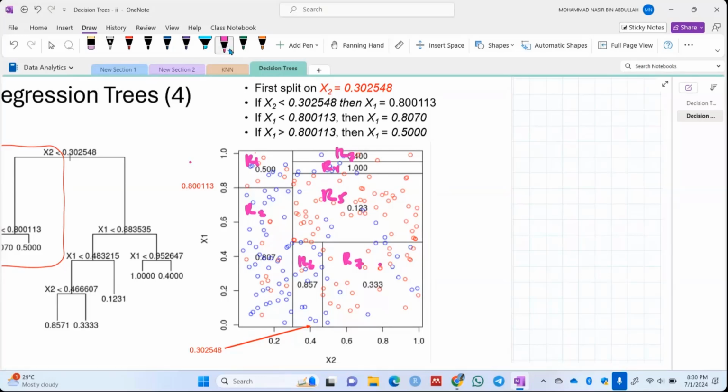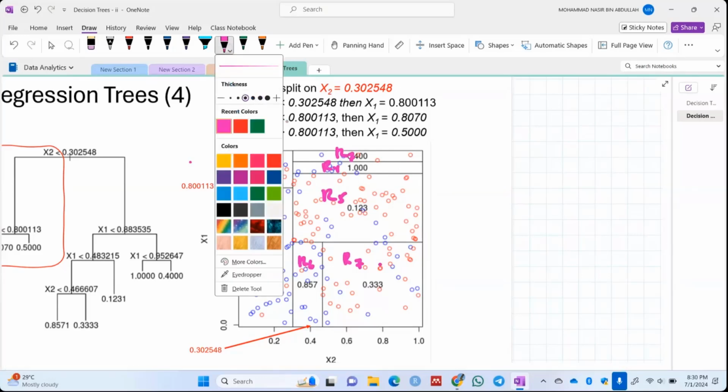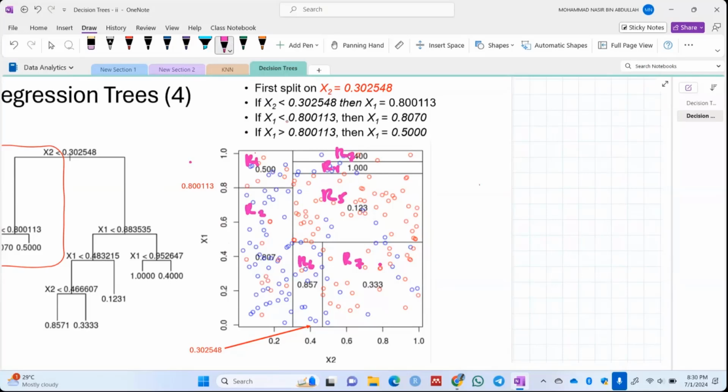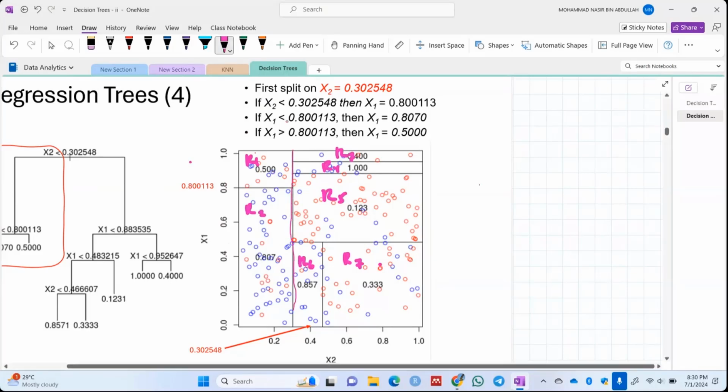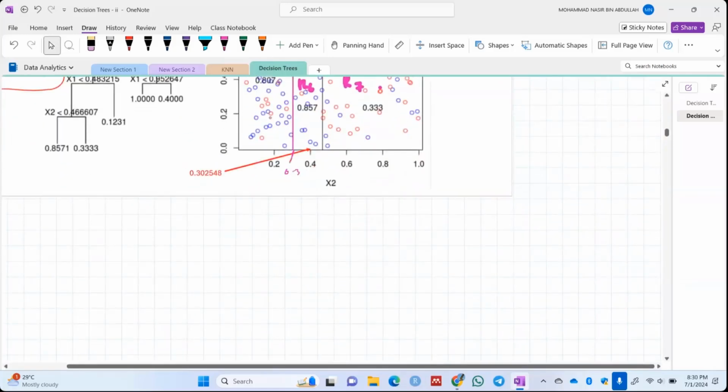0.807. Right. So the first thing to do is we look at the line that separates the whole data, a complete line through the region. So for this example, at this point, X2, maybe this is 0.3. So the first variable that separates, which is the root node, is X2.